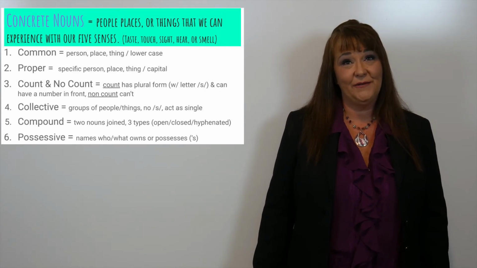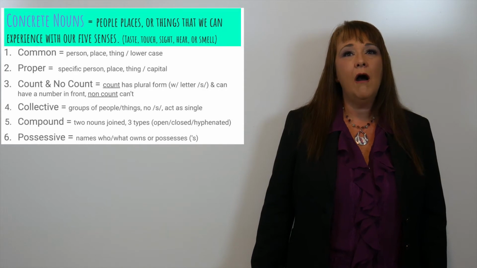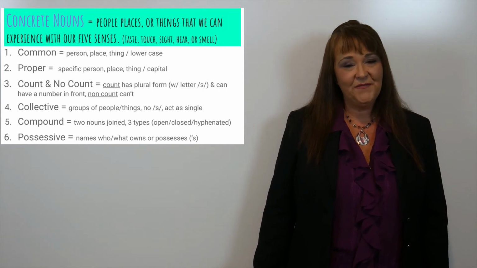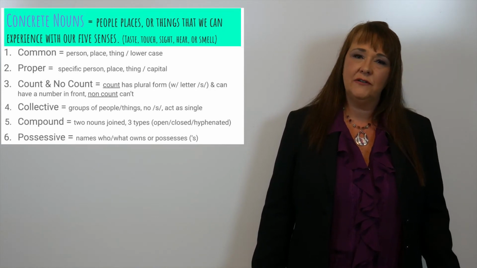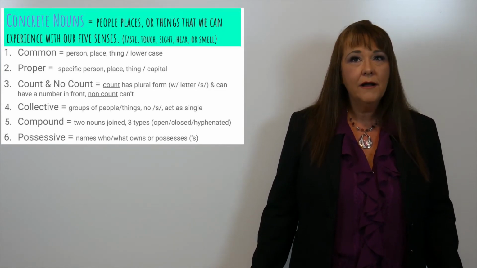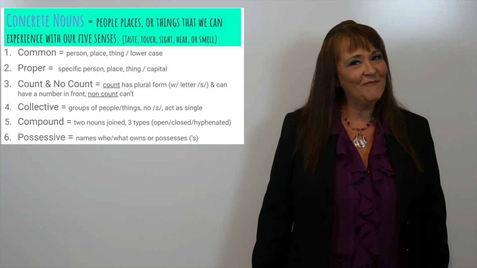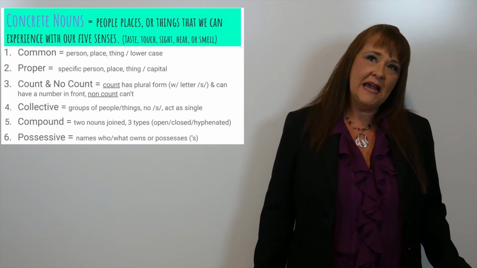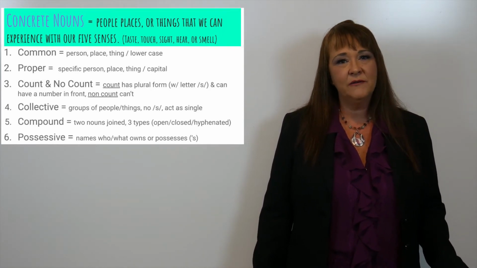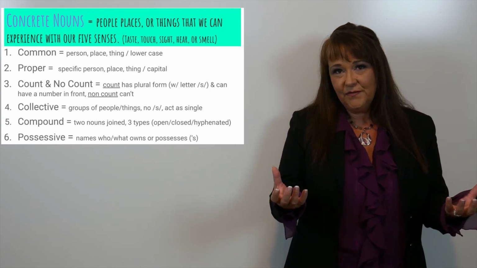Now, the next type of noun is a compound noun. A compound noun is made up of 2 or more nouns. There are 3 types of compound nouns. There are open or spaced compound nouns, like the word tennis shoe.